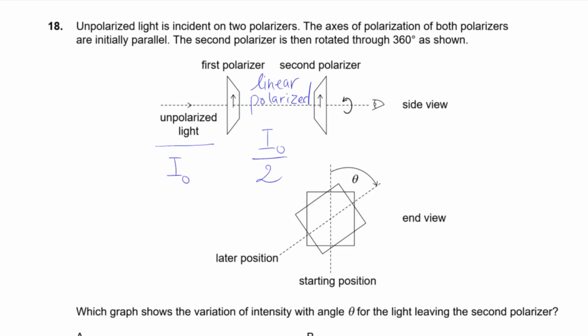And later, when it goes to the second polarizer, it reduces its intensity, and the second polarizer is rotated slowly.